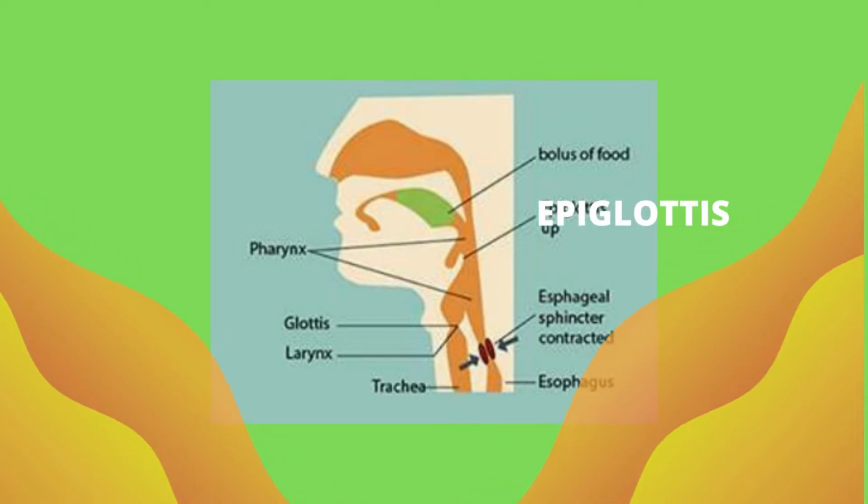The opening of the larynx is called glottis, and the epiglottis is a cap-like structure over it. While we are eating or drinking, the epiglottis closes the upper portion of the larynx so that no portion of food can enter our respiratory system.